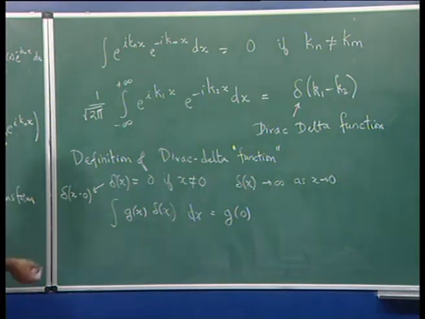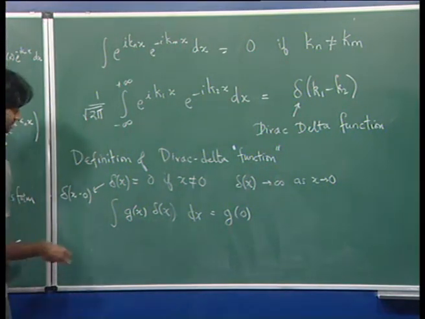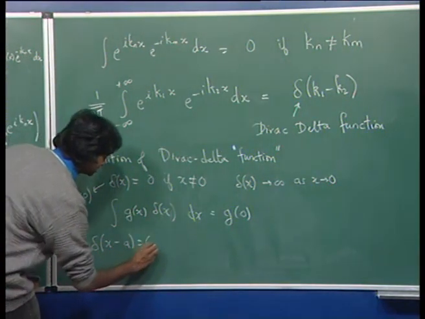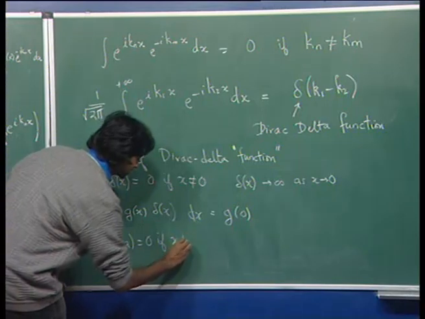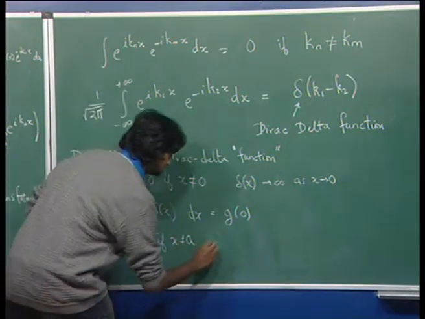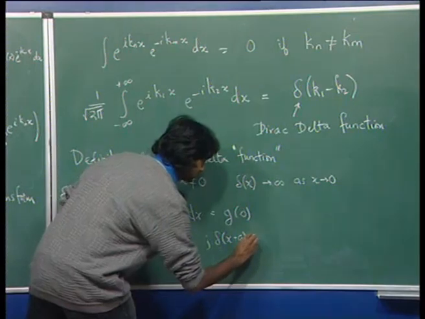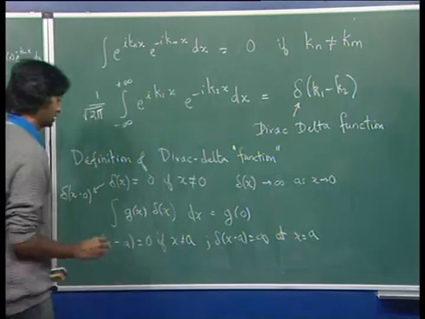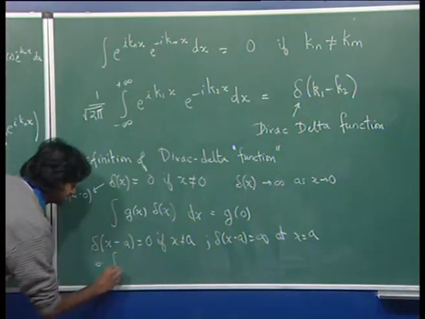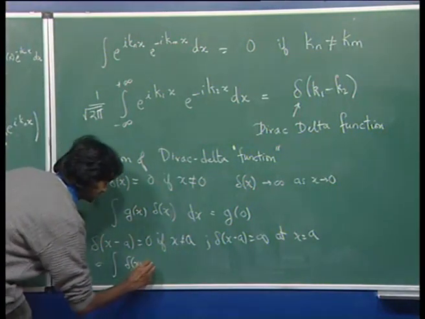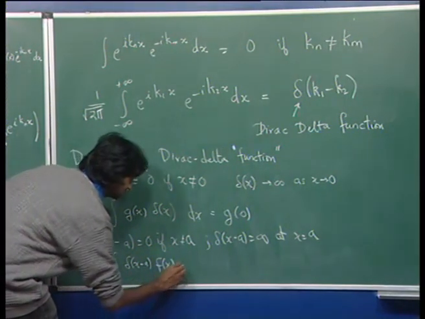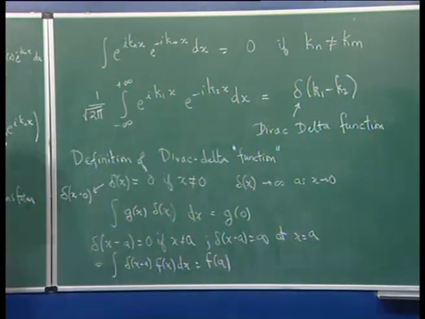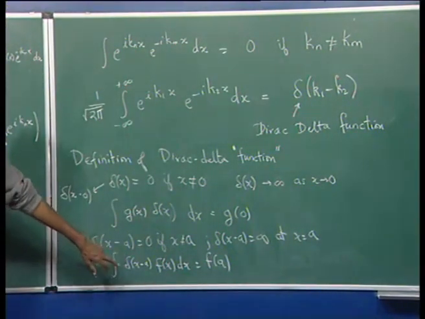The more general way to write it is delta of x minus a equals 0 if x is not equal to a, delta of x minus a equals infinity at x equal to a, and the integral of delta of x minus a times f of x dx equals f of a. So this is the most important property of the delta function.